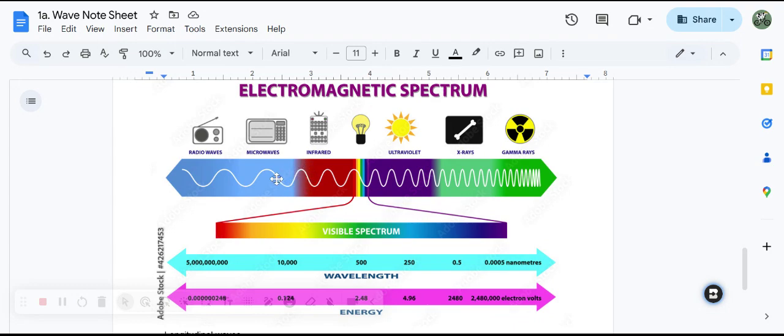Wavelength, a longer wavelength compared to gamma rays. So that means that the frequency over here is very, very low, and the frequency over here is very, very high. So if we remember about wavelength and frequency, higher frequency and shorter wavelengths means way more energy.